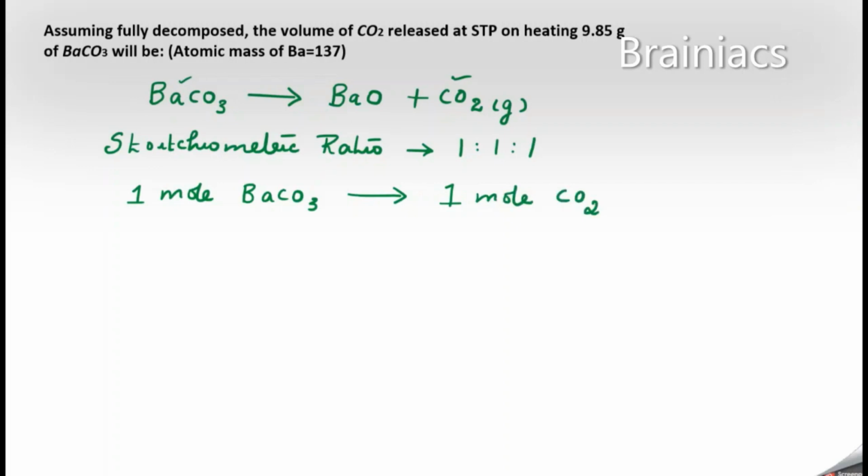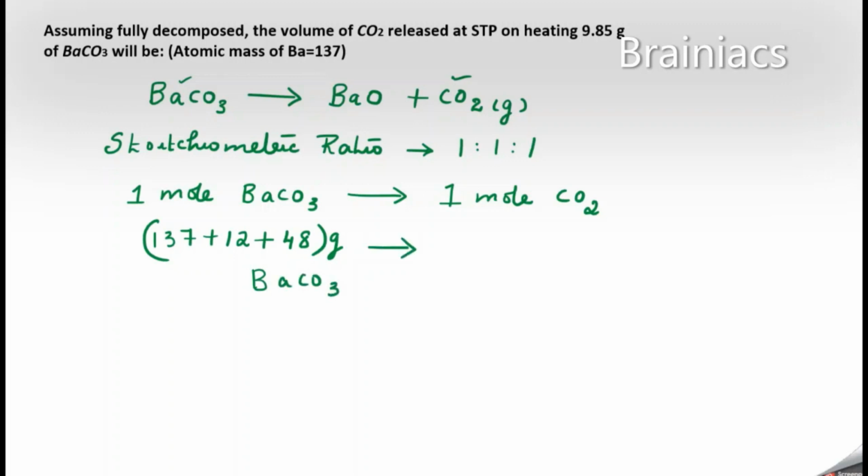We know the atomic mass of barium is given as 137. So we can say 137 plus what is the mass of carbon? 12, then oxygen 16 into 3, 48, correct. So this much gram barium carbonate will give you 1 mole carbon dioxide.